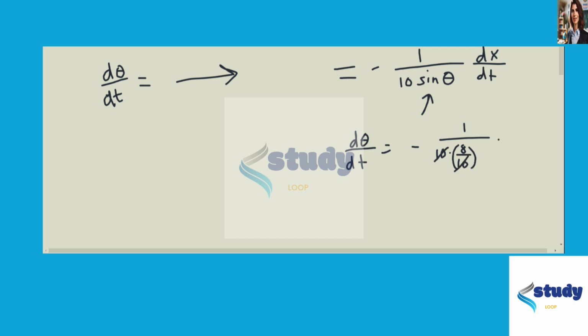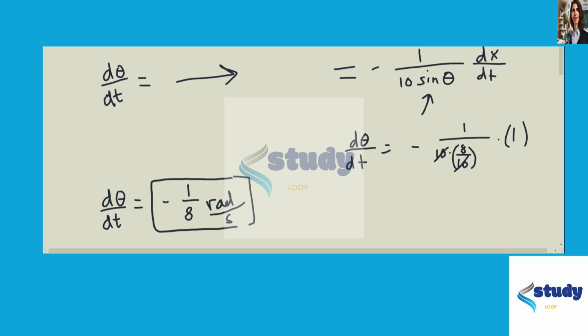These will cancel out, multiplied by 1, because we're told that it's moving at 1 foot per second. So our change in theta over time will be equal to negative 1 over 8 radians per second. All right, and that'll be our final answer there.